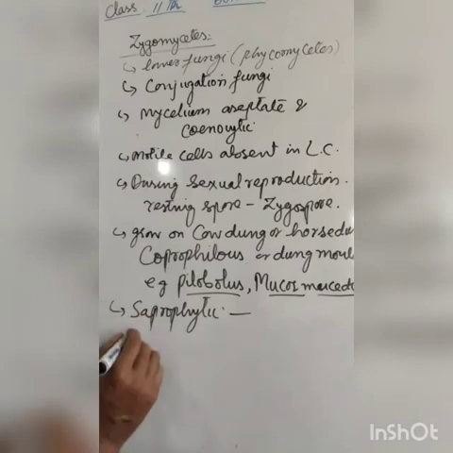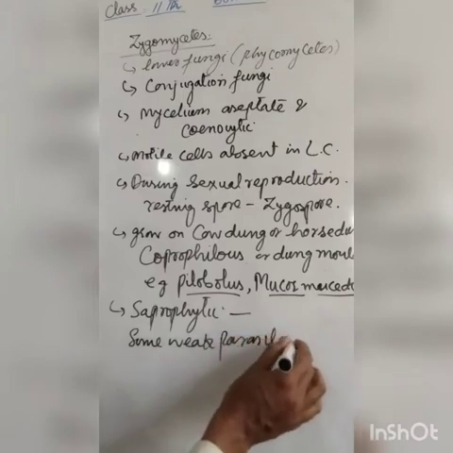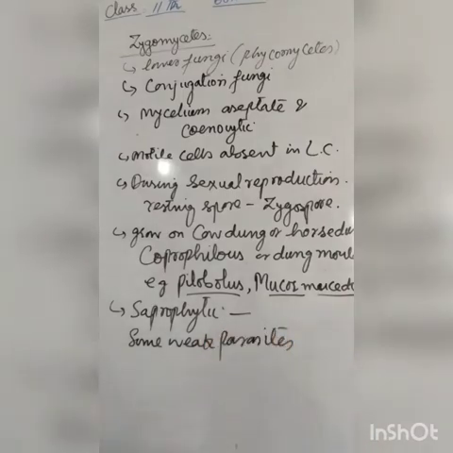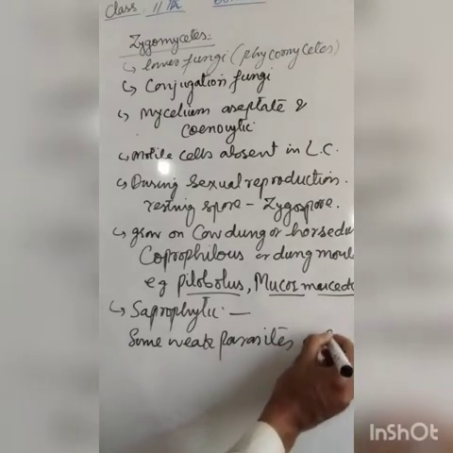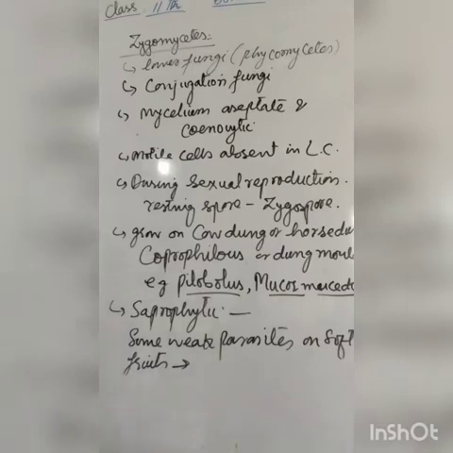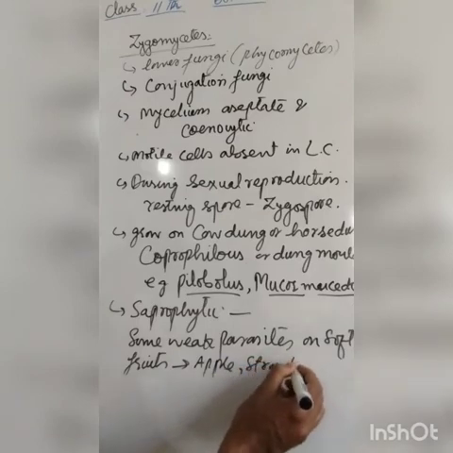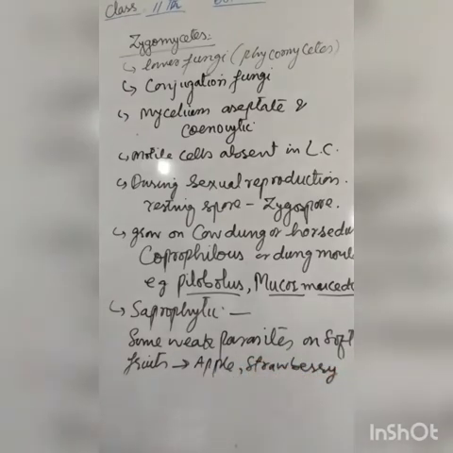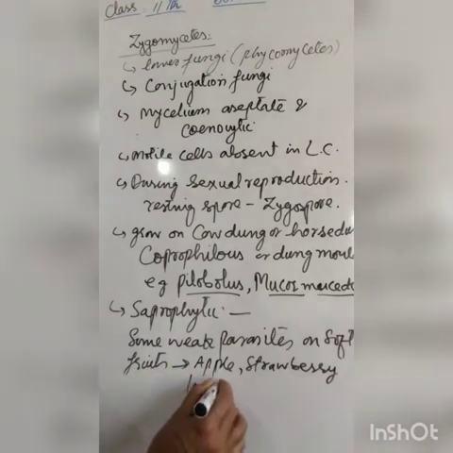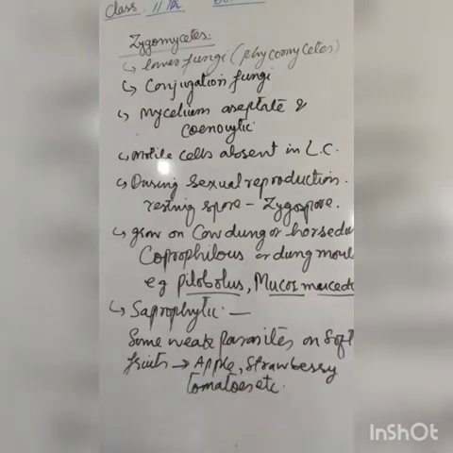Some are weak parasites on soft fruits like apple, strawberry, tomatoes, etc. There are Rhizopus and Mucor species.